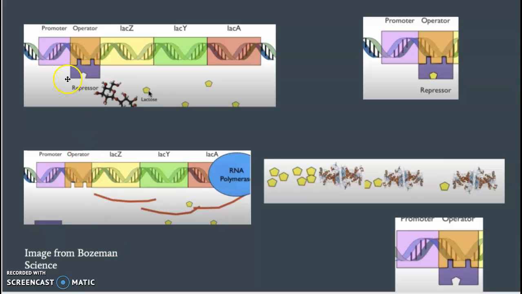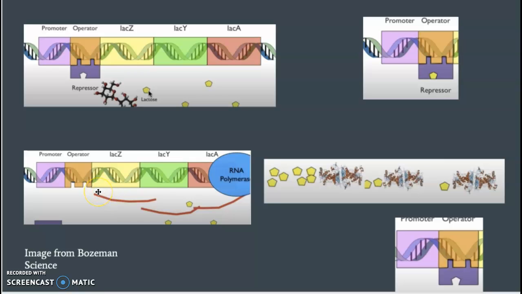So how does this work? When there's too much lactose, it binds to this repressor, as we can see here. And this causes a conformational change in the repressor, and it falls off the operator because it changes shape. And when that happens, this repressor is no longer blocking RNA polymerase from making this mRNA.